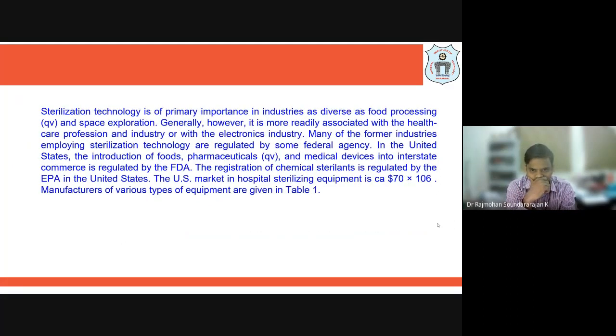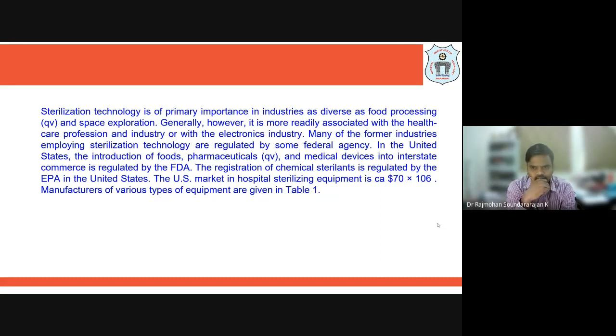It is one of the important primary processes, because in diverse food processing and even in space exploration, sterilization is very important. It is more readily associated with the healthcare profession and industry, and also with the electronics industry. Remember, the motherboard and all these things also need to be contamination free.